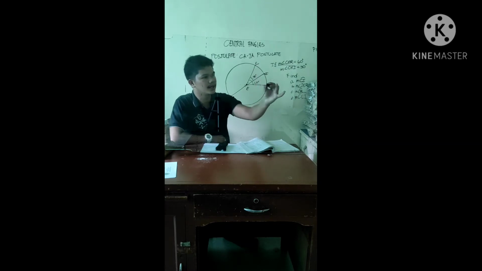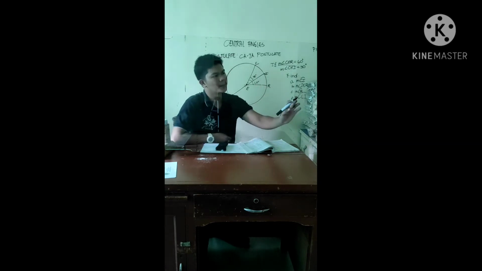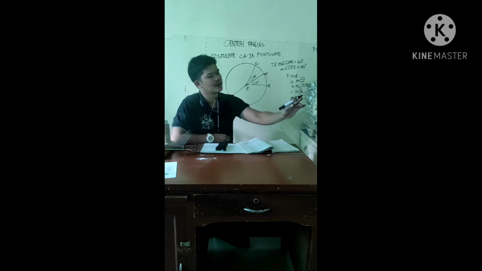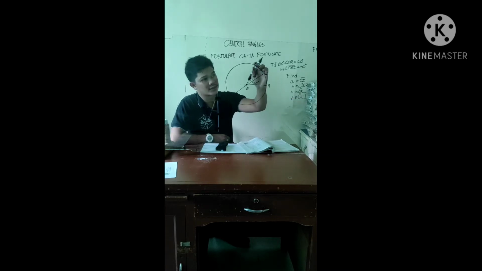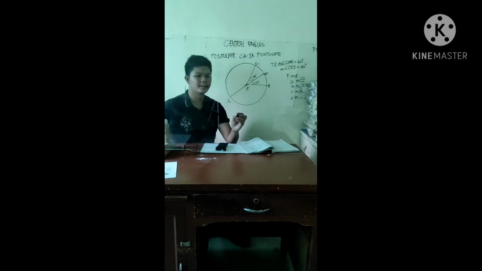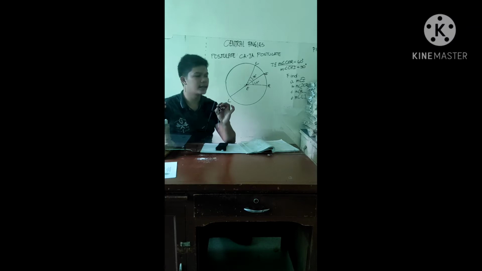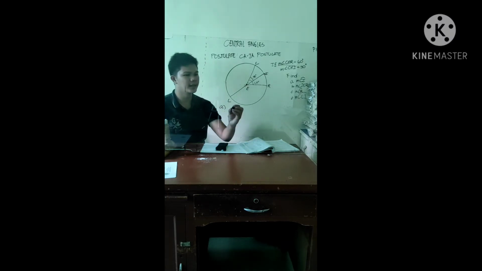And then, the last, measure of your arc CLI. So, CL papunta kay I. Okay. So, first, let us find letter A. Hinahanap natin si measure of arc CI.